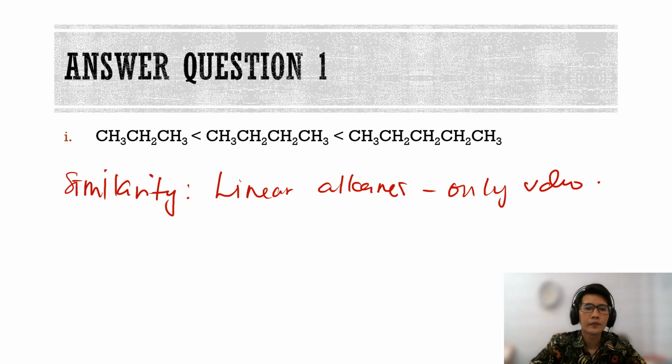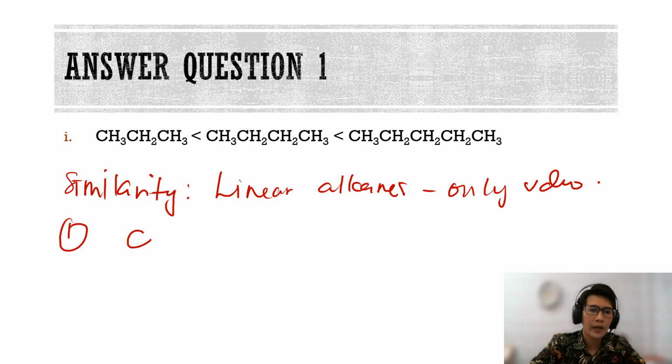Alright. So what are the differences? They have different numbers of carbon and hence different lengths of the main chain of the alkene. Okay, so the point number 1, they have different number of carbon.